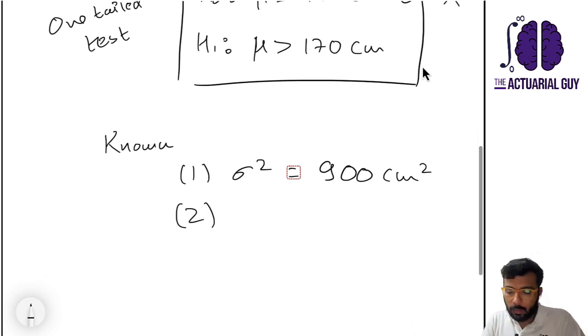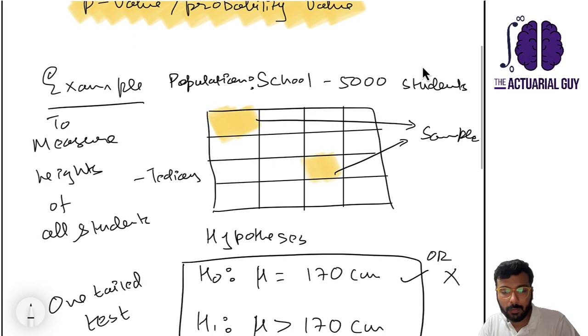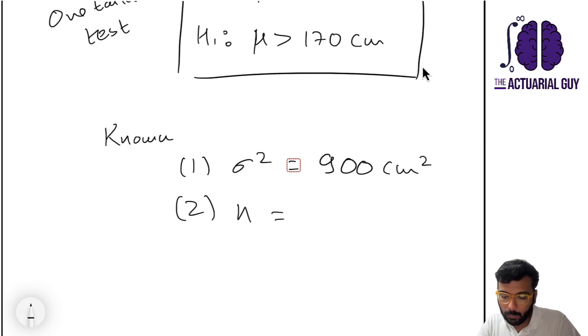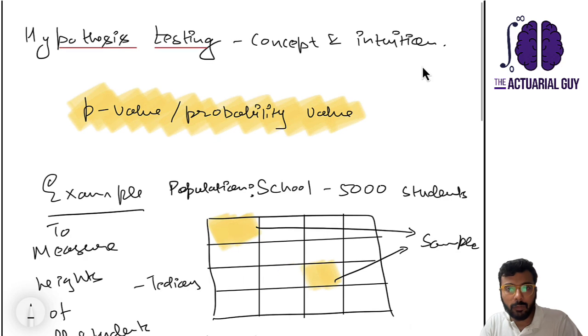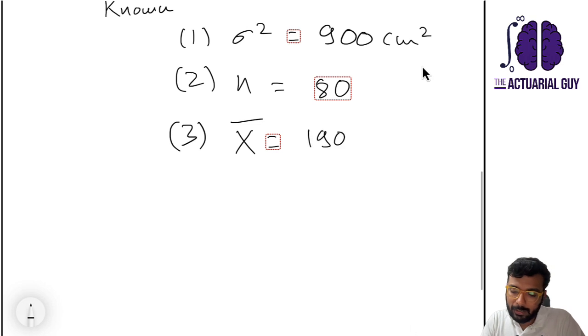Second, the size of the sample you are drawing, these two classes, is 40 plus 40, 80, let's say. So your n is equal to 80. Okay, this is what we are working with. So this is a large enough sample, right, for applying central limit theorem, right? The third thing that is known to you is that your x bar, when you take the average height of these students from these two classes, that is your sample mean, comes out to be 190 centimeters.